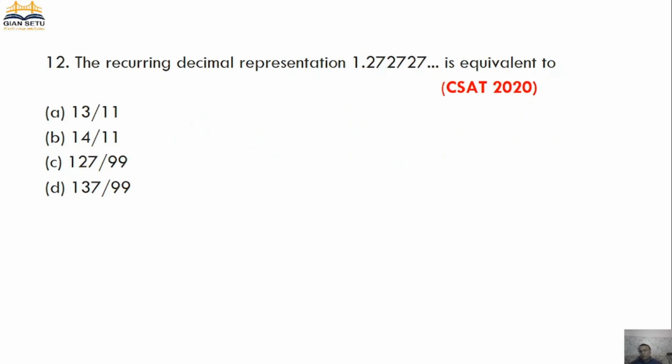Okay, let's move to question number 12. The recurring decimal representation 1.272727 is equivalent to, suppose the given number is equal to 1.272727 and so on.